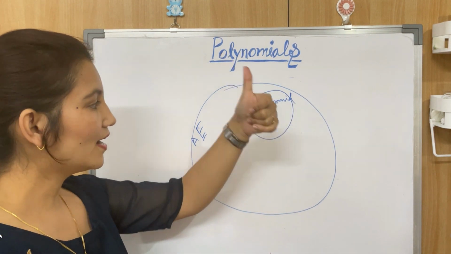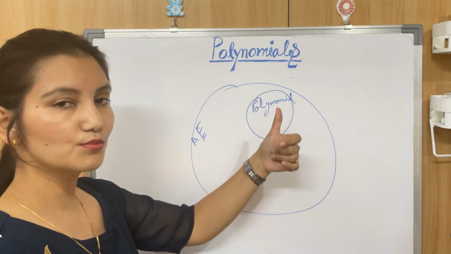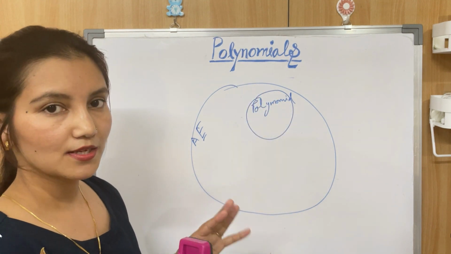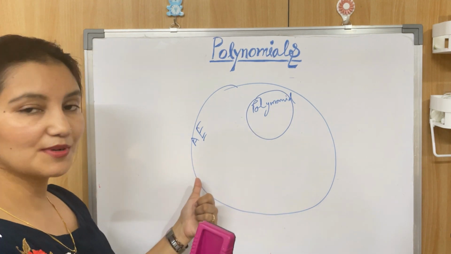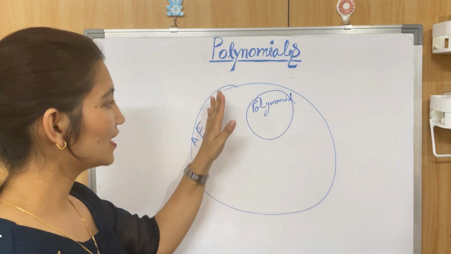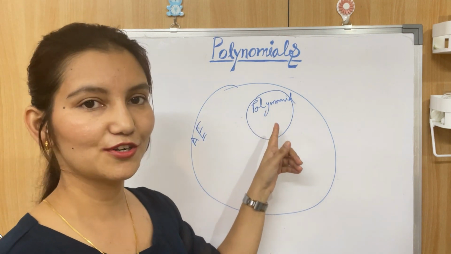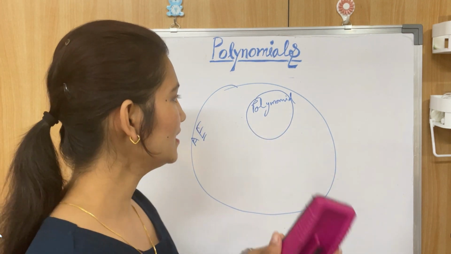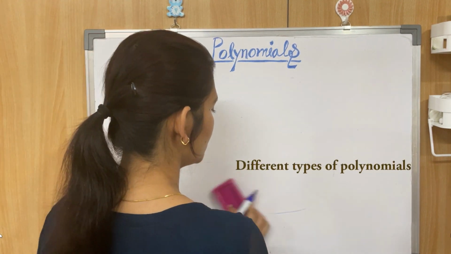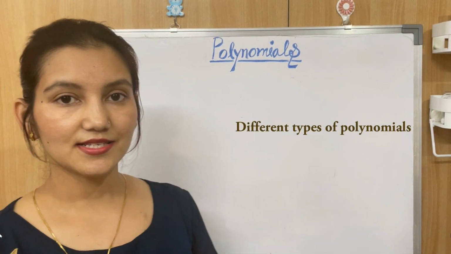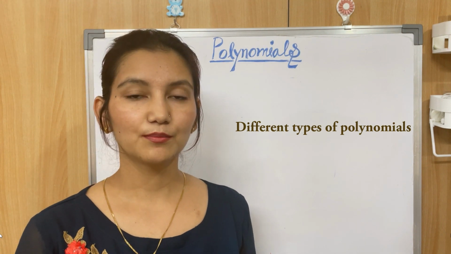Where the power of the variable needs to be a whole number. That's why I said polynomials are algebraic expressions, but not every algebraic expression will be a polynomial. You get it? Right?